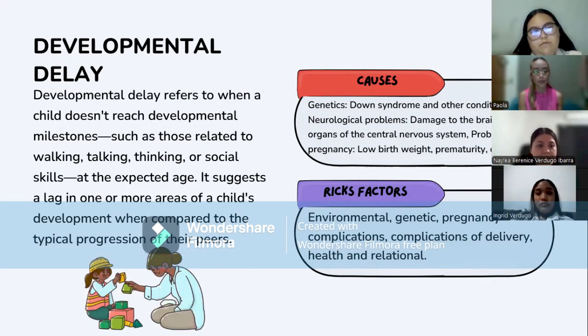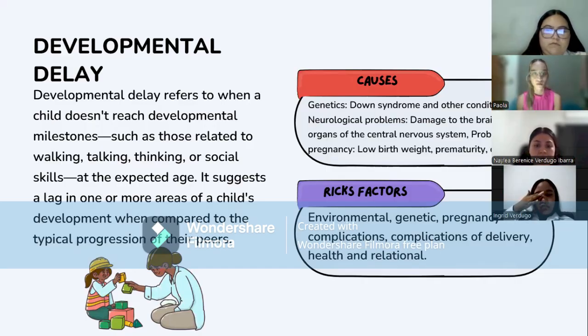Developmental delay. Developmental delay refers to when a child doesn't reach developmental milestones, such as those related to walking, talking, thinking, or social skills. It suggests a lag in one or more areas of a child's development when compared to the typical progress of their peers.